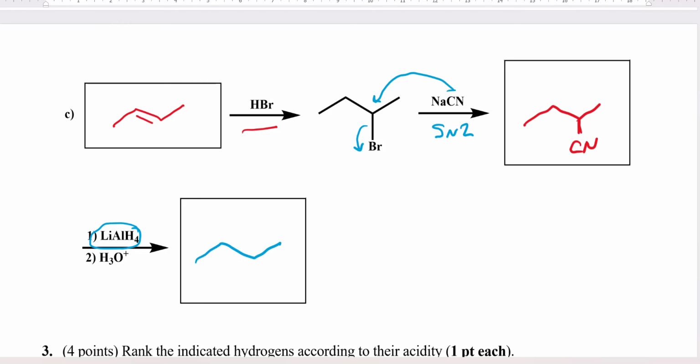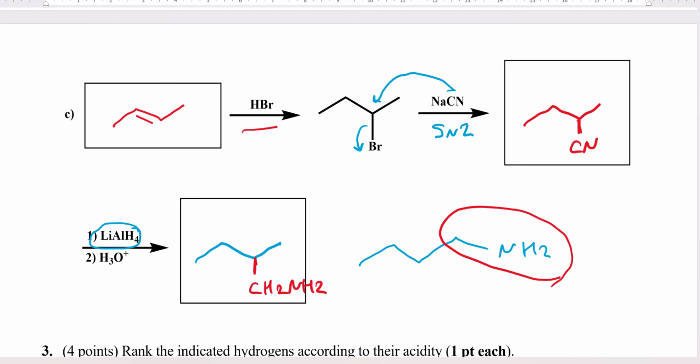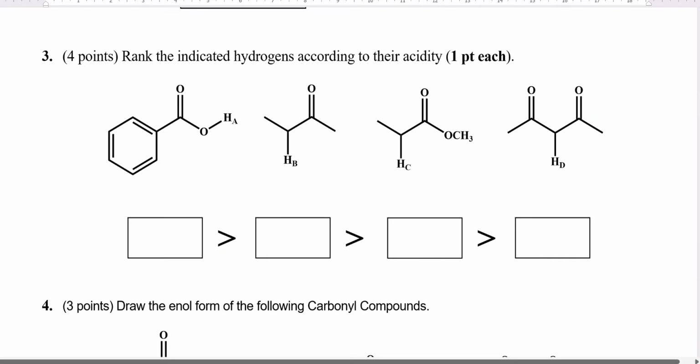Then I can have CH2NH2. Or it's better to draw the structure in this form and put CH2NH2 here and put the methyl group here, this methyl group.